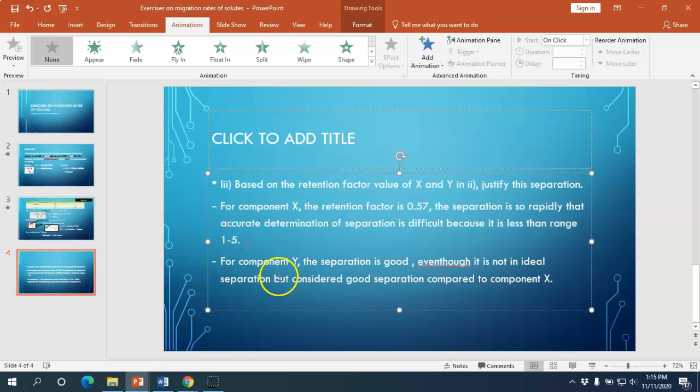For component Y, the separation is good. Even though it is not an ideal separation, it is considered good separation compared to component X. So that is the answer for question 3.